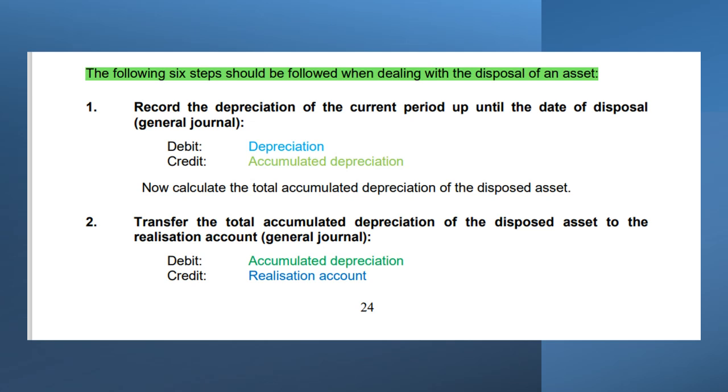Now, when you recognize this additional depreciation for the current period up to the date of disposal, it will give you the total accumulated depreciation of the disposed asset. Because once you know this, if we go to step number 2, it says transfer the total accumulated depreciation of the disposed asset to the realization account.